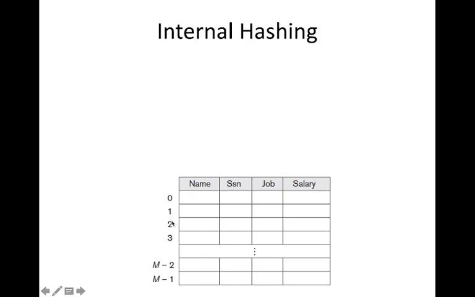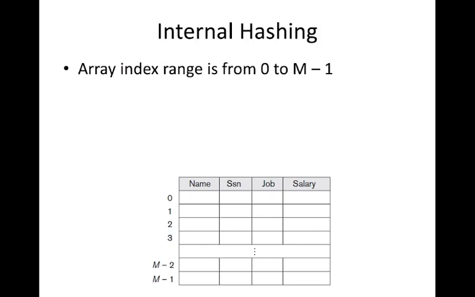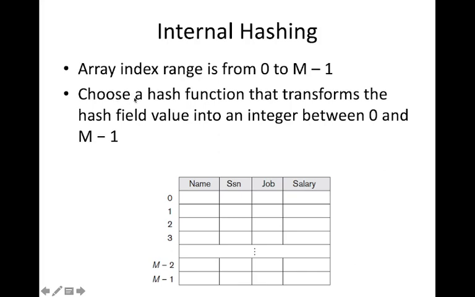So we have m slots or m addresses, because 0 to m minus 1 is there. So we will have a hash function. The array index ranges from 0 to m minus 1, so we choose a hash function that transforms the hash field value into an integer between 0 and m minus 1.